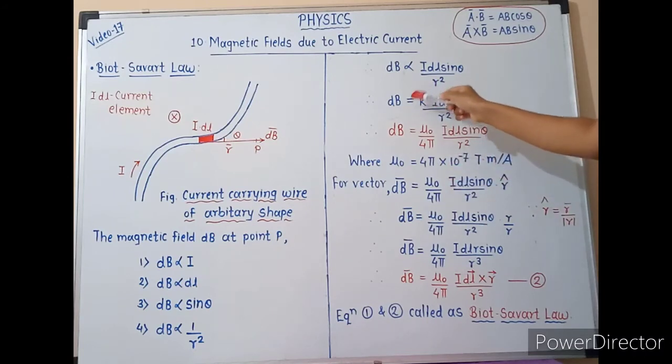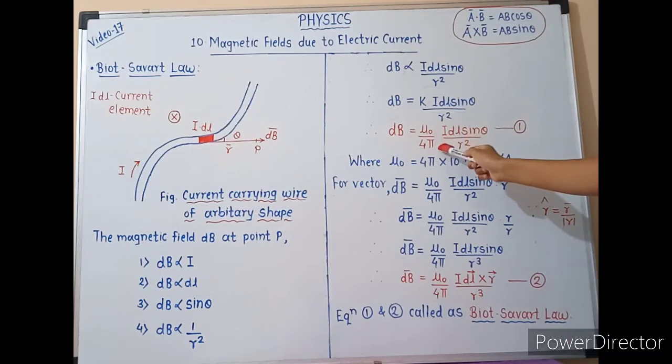This k is a constant, and the value of k is mu 0 upon 4 pi. So we get dB is equal to mu 0 upon 4 pi I dl sin theta upon r square, and this is your equation number 1.